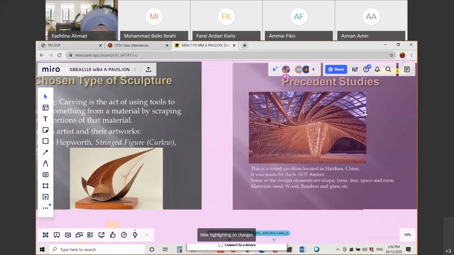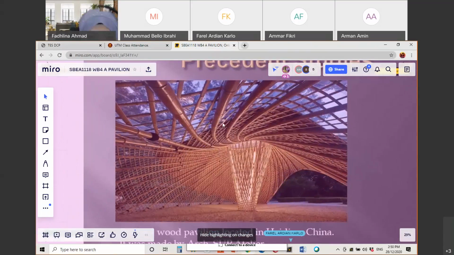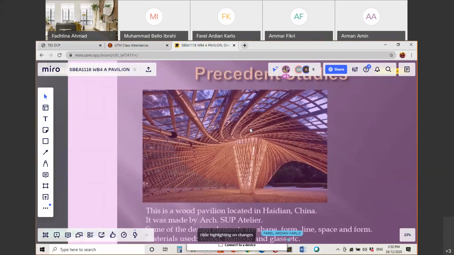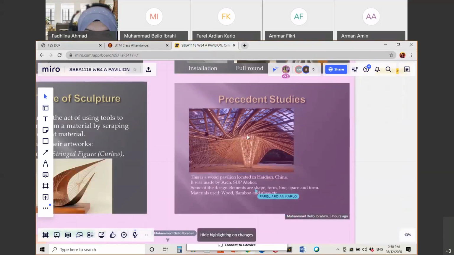So where is the part of the woods that have been carved? Well, these glasses were replaced for the wood. Perhaps the relation is only on the material, because it is using wood. But is the carving related to this one? No, right? Because the wood is not carved.